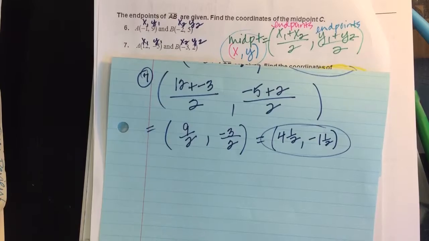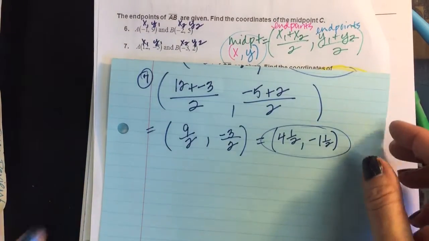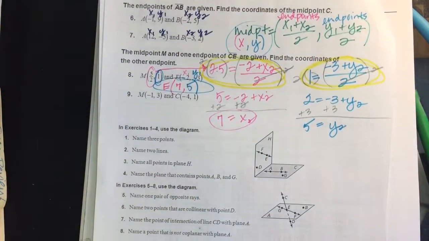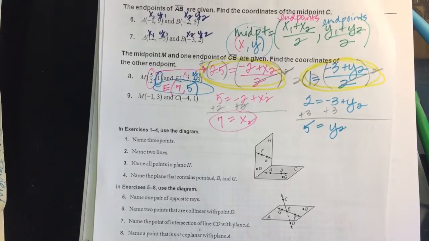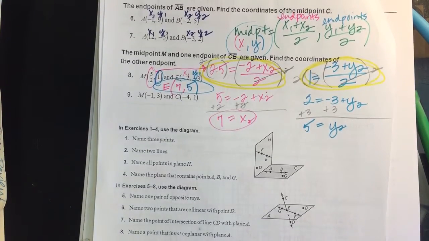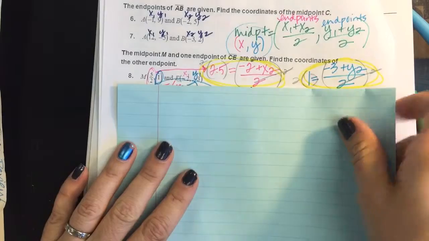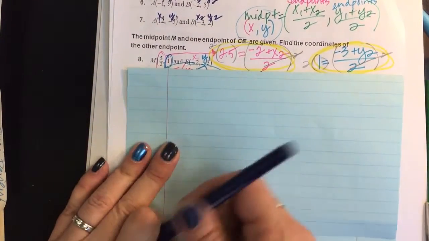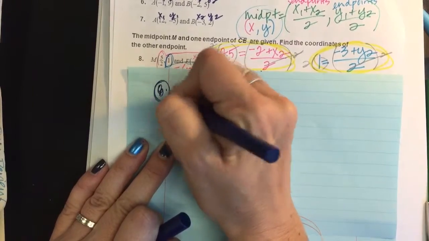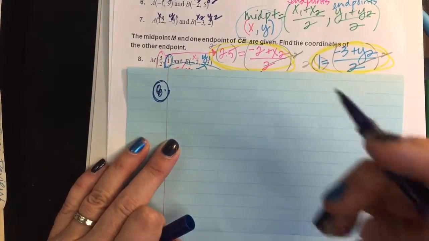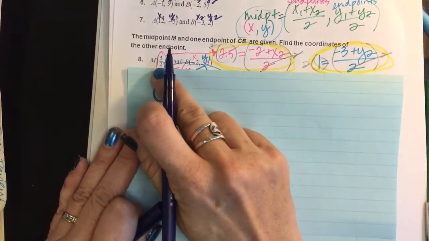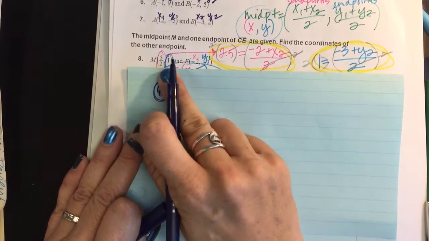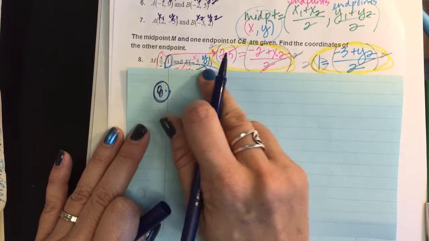Now, when we go into number 8 and 9, they give you one of the endpoints and the midpoint, and you've got to find the other endpoint. So I had started doing this on my page, but I'm going to work it all out fresh right here. I know that the midpoint is sitting at 5/2 and 1, and I know that one of the endpoints is -2 and -3.